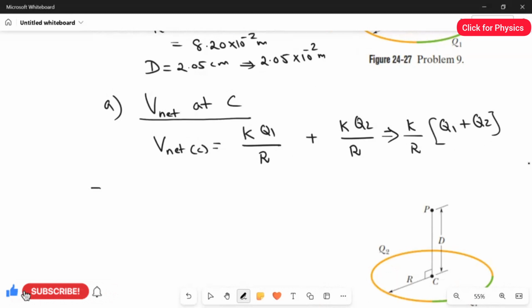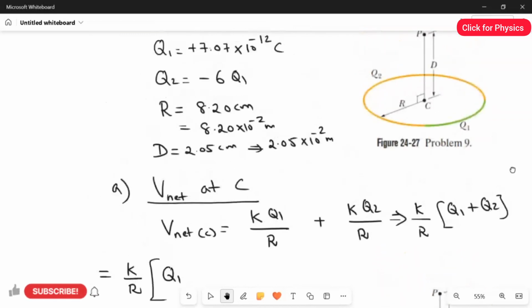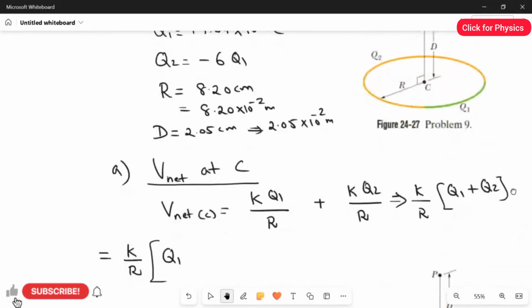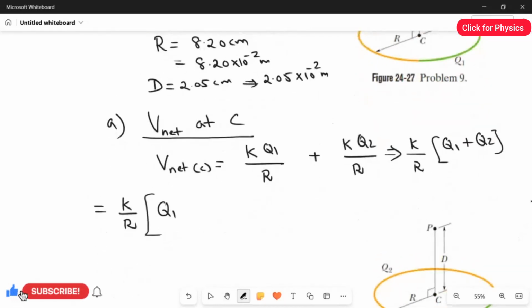So what you'll get is K over R, Q1 as it is, but in place of Q2, Q2 is minus 6 times Q1, so I have to write plus of minus 6 Q1.